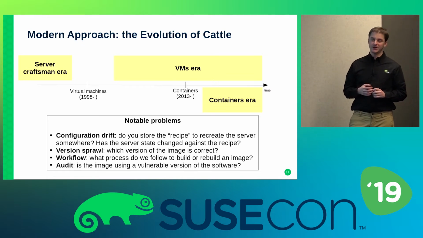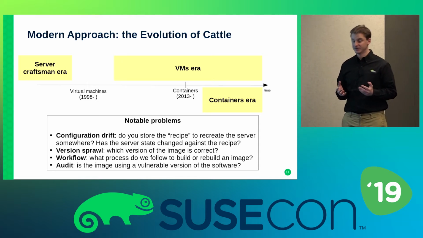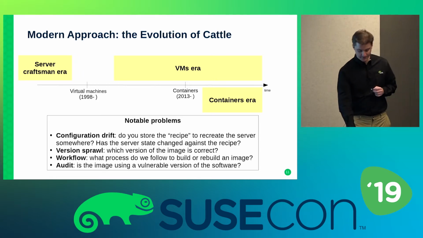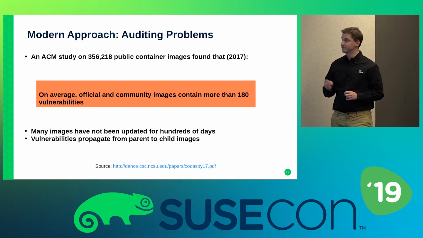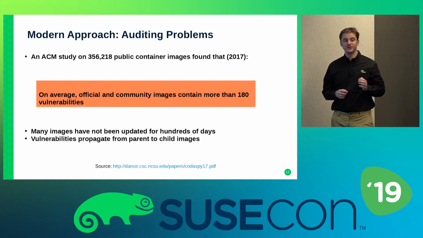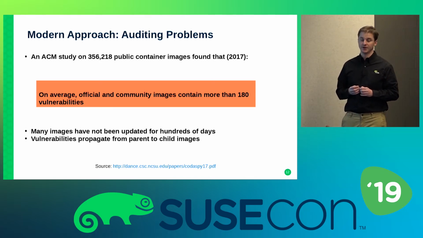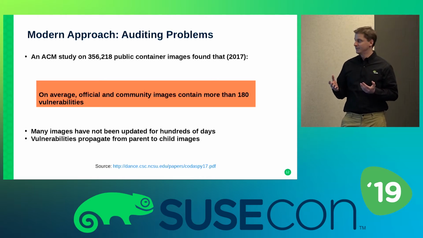And finally, the nightmare, the auditing one. Are we using an image that is vulnerable to a particular security vulnerability? How can we tell? Because in an ACM study in 2017, they discovered that official and community images on the hub of container images have more than 180 vulnerabilities, because those images had not been updated for hundreds of days.